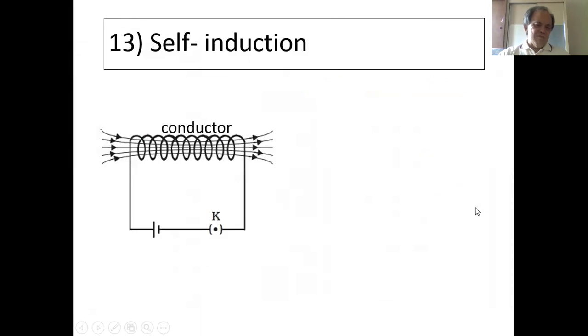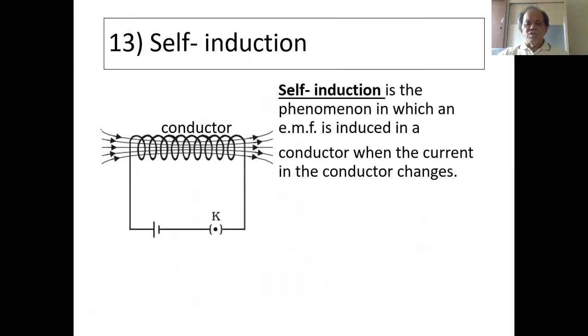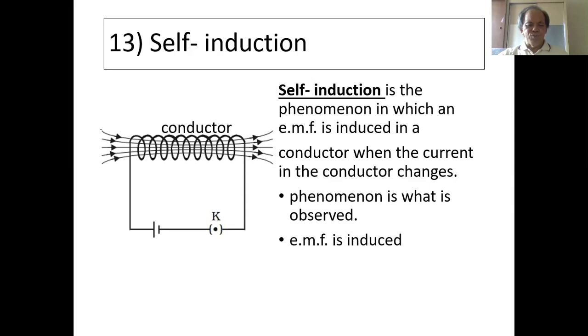Okay, let's go into self-induction. Self-induction is the phenomenon in which an EMF is induced in a conductor when the current in the conductor changes. Phenomenon is what is observed. EMF is induced, that's the key. This is a symbol for a switch.